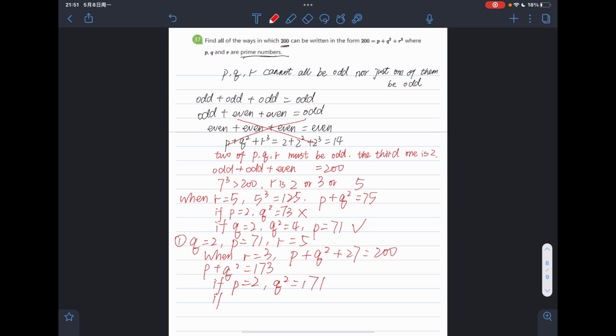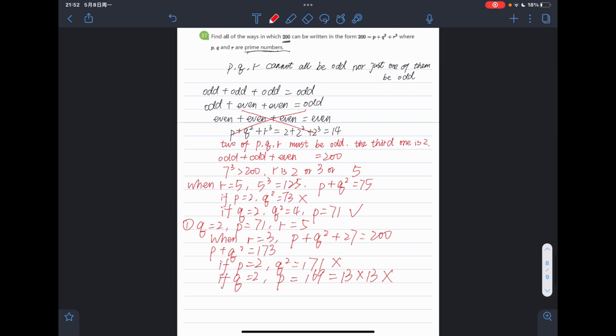And if q is 2, then p equals 169. But 169 is not a prime because it can be represented as 13 times 13, which is not a prime. So both of them are not correct. All right? And let's further work on it.